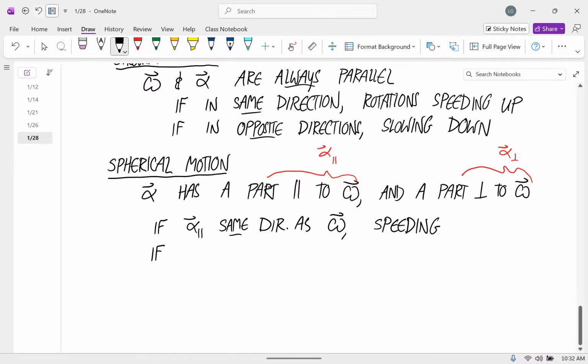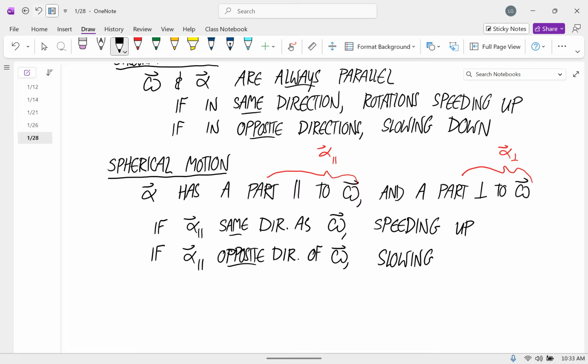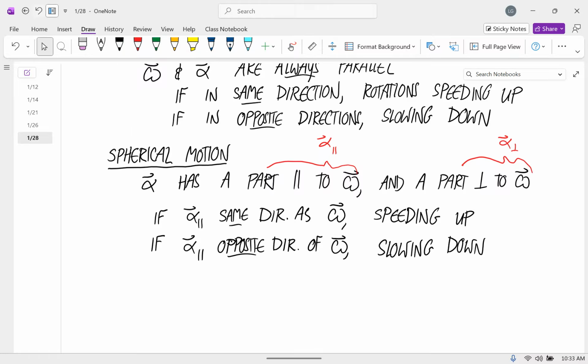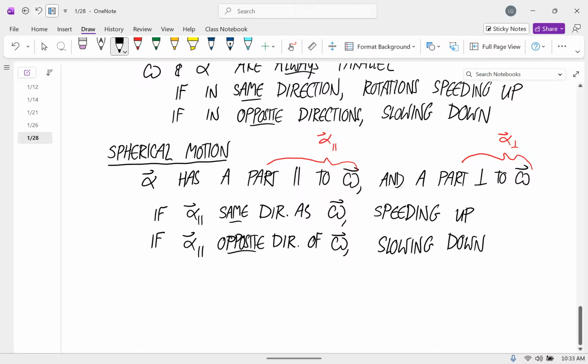And if the angular acceleration parallel is in the opposite direction of omega, then the rotations are slowing down. And then, what's the alpha perpendicular part doing?